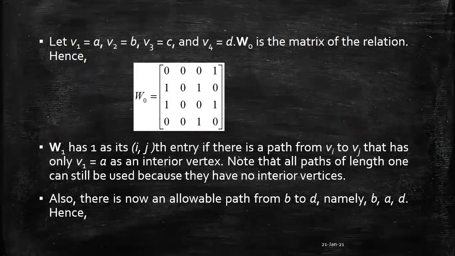Note that all the paths of length 1 can still be used because they have no interior vertex. So we have to see wherever we have A as the interior vertex, there only for W1 we can add a 1. So let's write, this is a bit easier method.